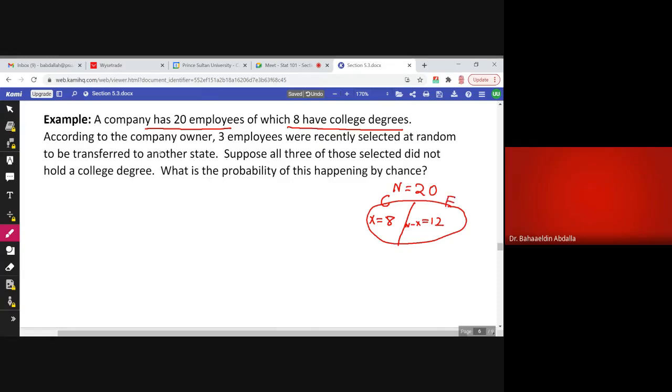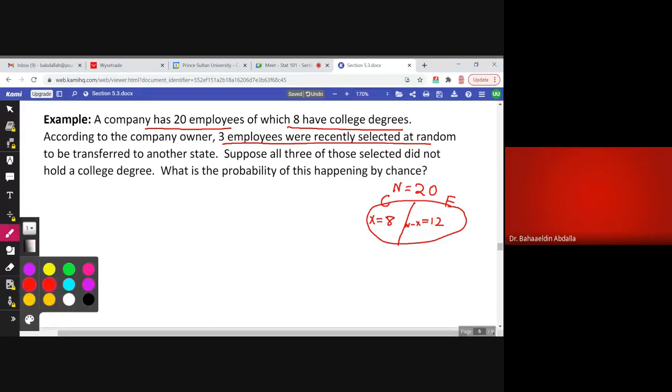Good. Now, according to the company owner, 3 employees were recently selected at random. So this is the sample we are going to select. So small n is 3. We will select a sample of this population and the sample size is 3.